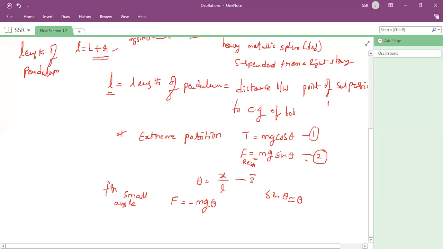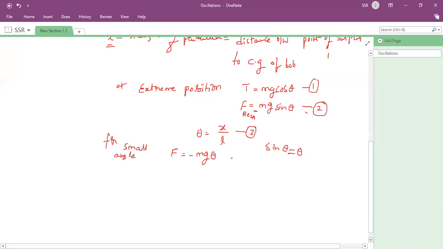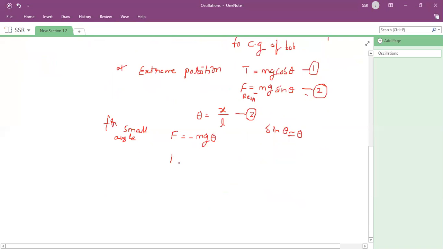Equation number 3 is theta is equal to arc by length, x by L. Then F restoring is equal to minus mg into theta, which is x by L. That is equal to minus mg by L into x. Are you clear on this? What does it mean? The restoring force F is directly proportional to the negative displacement x.